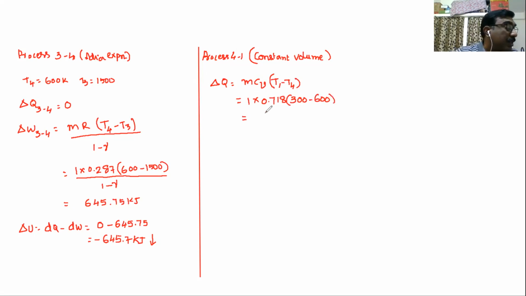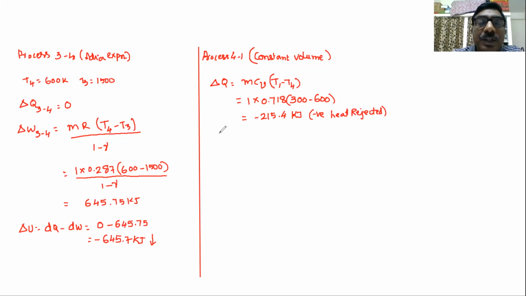So how much is this? This is equal to minus 215.4 kilojoules. Okay, so this negative sign means heat is rejected. Always take the final state minus the initial state. The final state is 1 and the initial state is 4 for this 4-1 process.